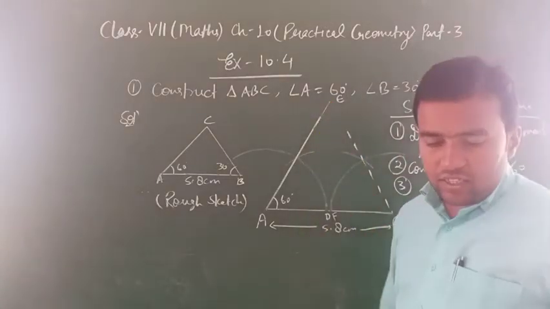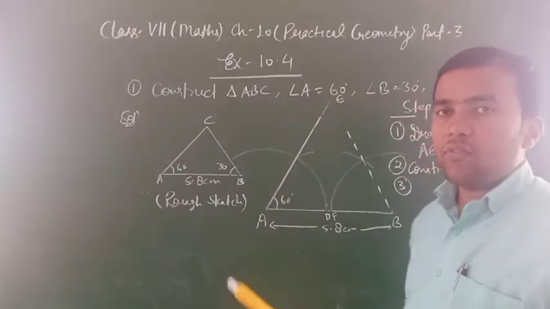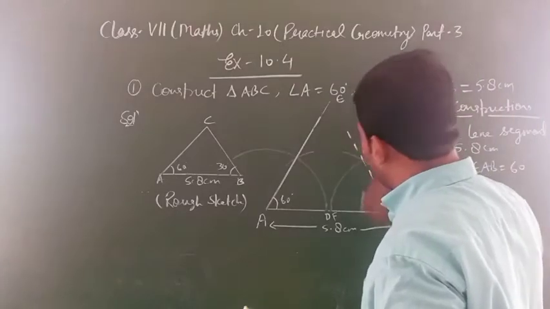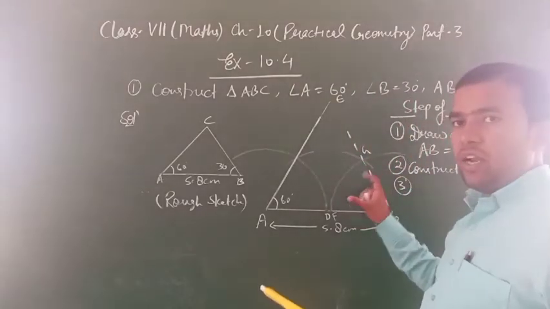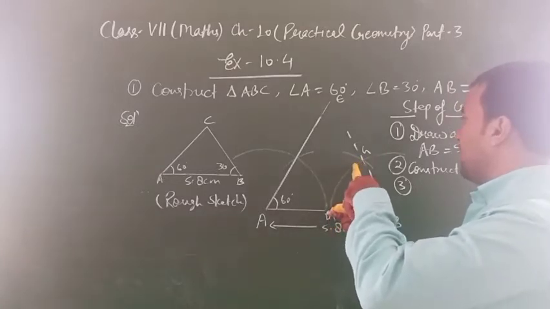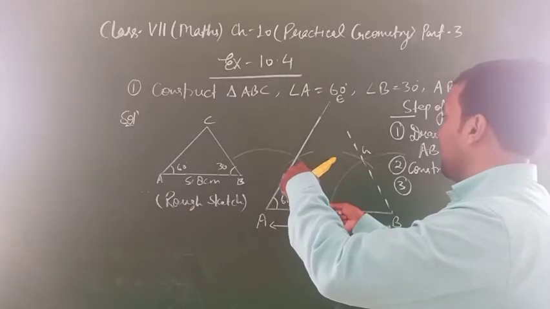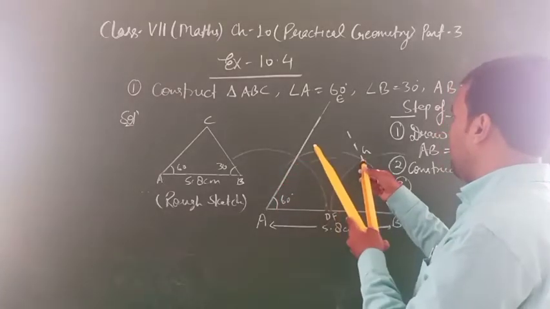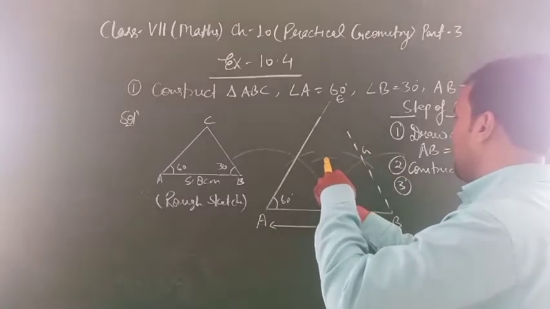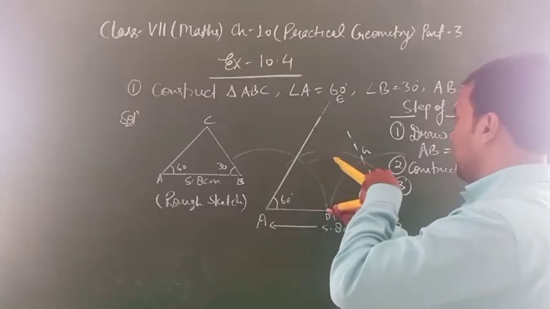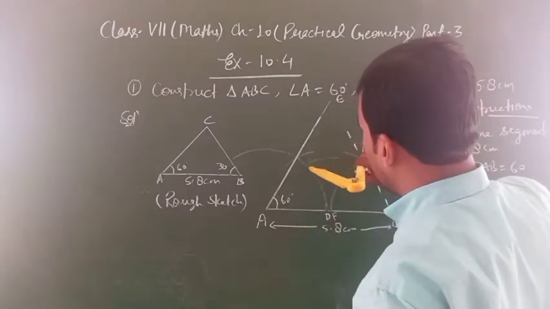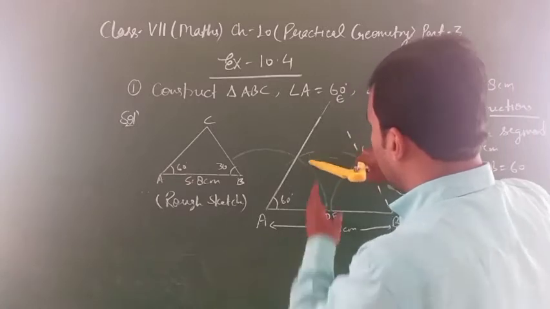Clear? After that, what we will do? Half of 60 degrees. F, this name is G. Clear? Between F and G, we will take more than half distance. After that, we will make one arc here from F, and from G, one more arc here. Clear?